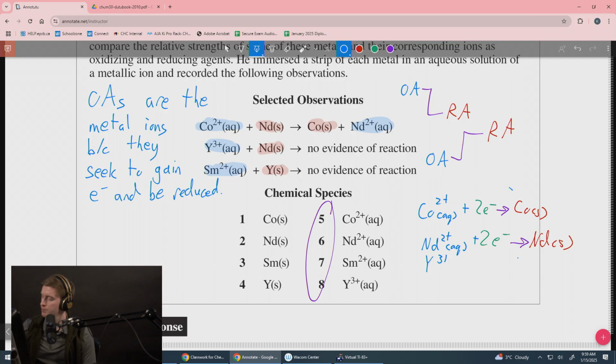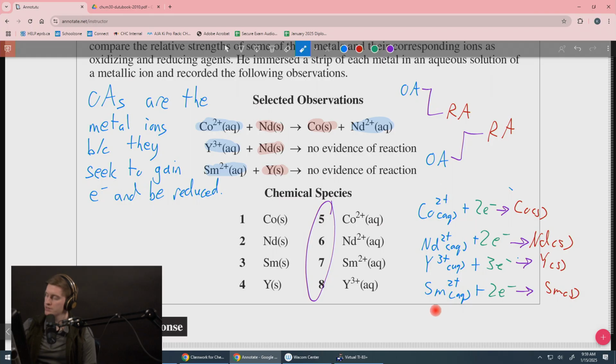So yttrium 3+, and then my samarium 2+. This half reaction for yttrium would have 3 electrons for it to form a solid, and for samarium would have 2 electrons. And our corresponding reducing agent for each of these is the solid yttrium and the solid samarium.